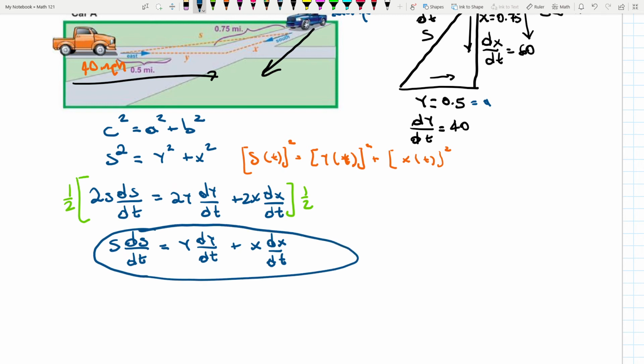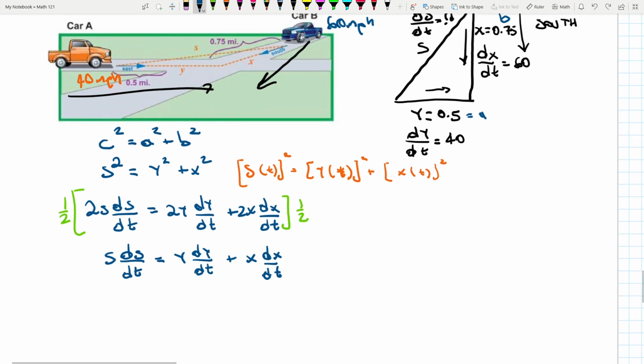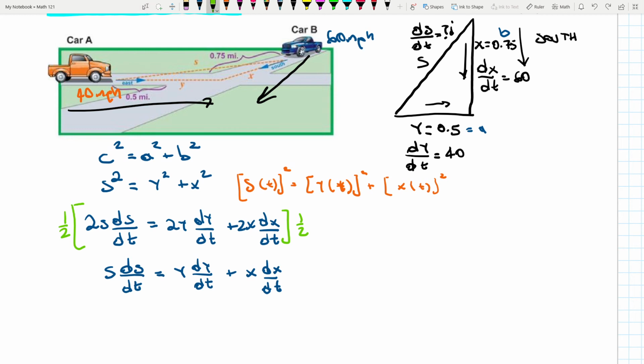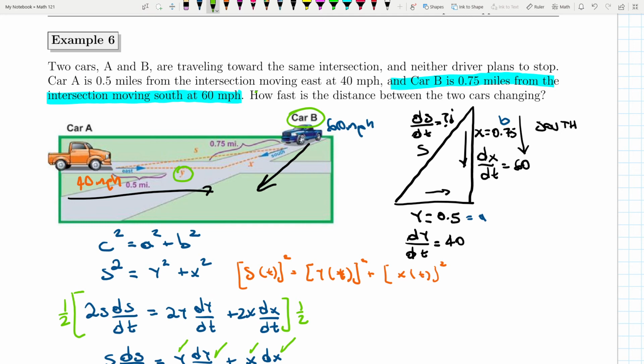Right now, what do we have? What are they asking us for? On the one hand, we know the y position of the car that goes towards the east, and its speed. We also know the position x of car B coming from the north to the south, and we know its speed. And they're asking us how fast is the distance between the two cars changing.